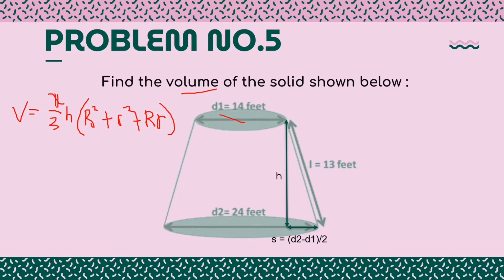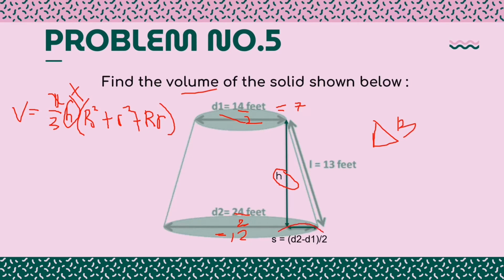Our given is the diameter, so we just divide it by 2 to get the radius. Here is 7 and here is 12 feet. We must first find the height of our frustum because it is not given. To find it, we use the triangle formula.